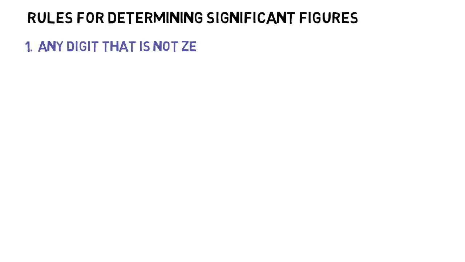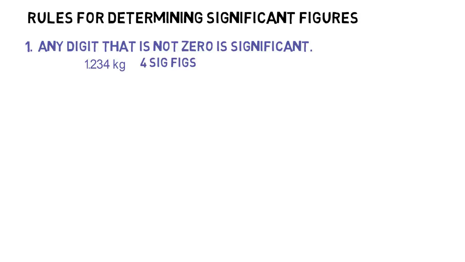So there are some rules for determining significant figures. The first rule is any digit that is not 0 is significant. This means anything that's not 0 in your number is a significant digit. If you have 1.234 kilograms, you have 4 significant digits.